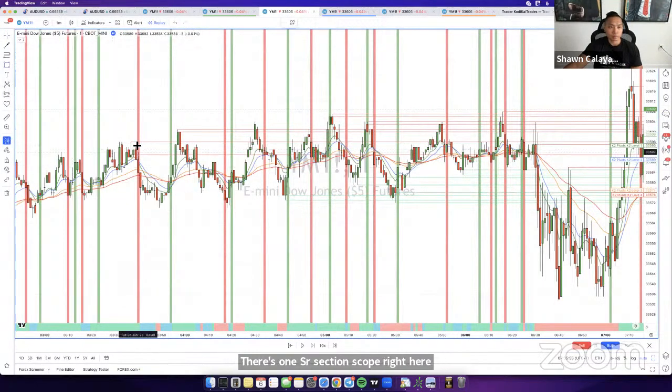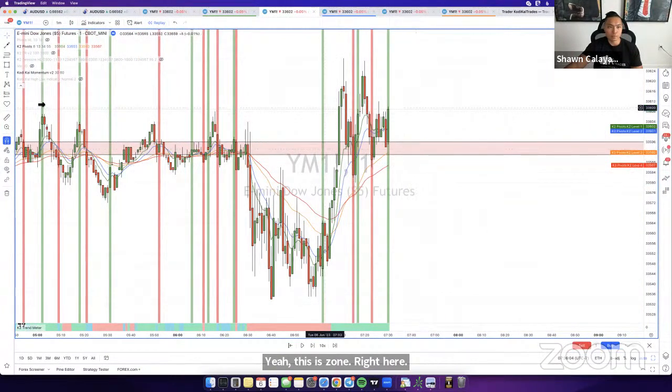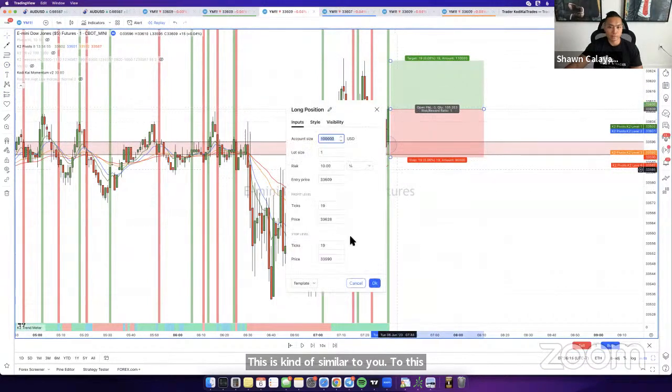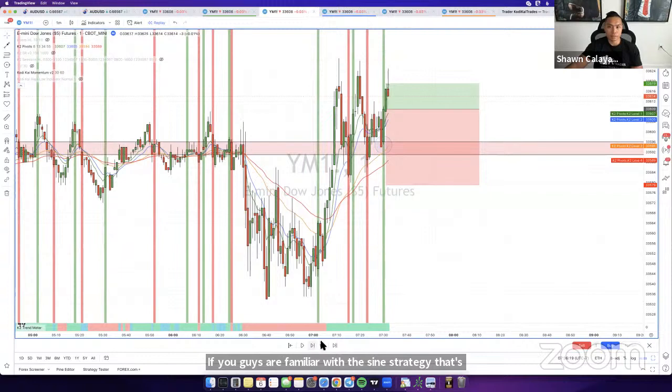Yeah, there's a zone right here. Zone right there, price is bullish. It's kind of rejected off the structure. This is kind of similar to the snipe strategy. If you guys are familiar with the snipe strategy, that's a lot of people's favorite. It's just done in a lower time frame.